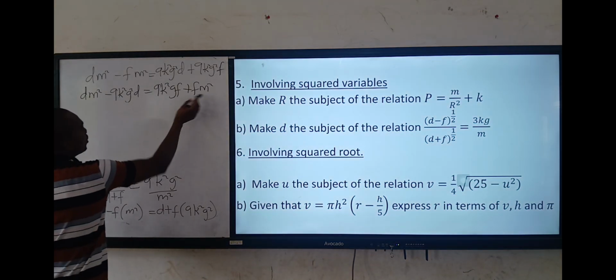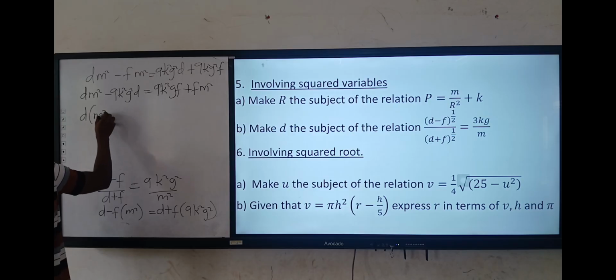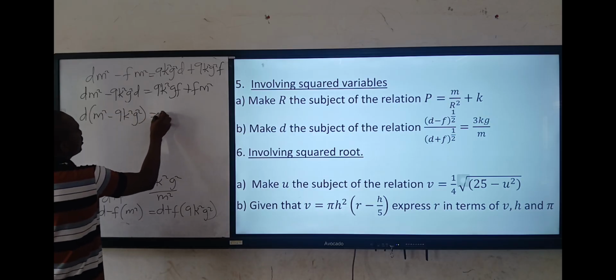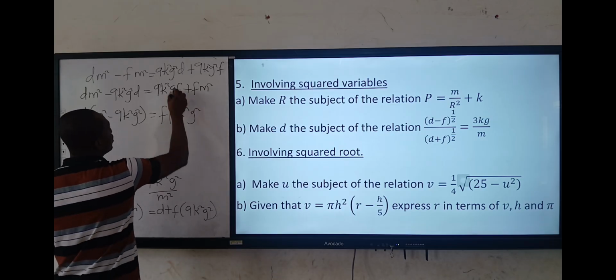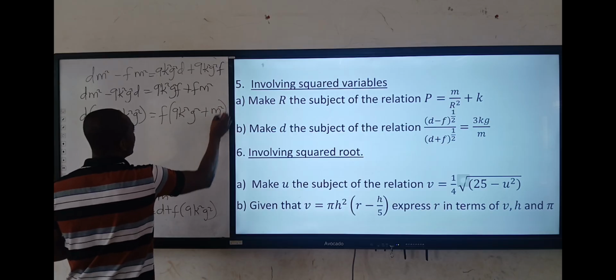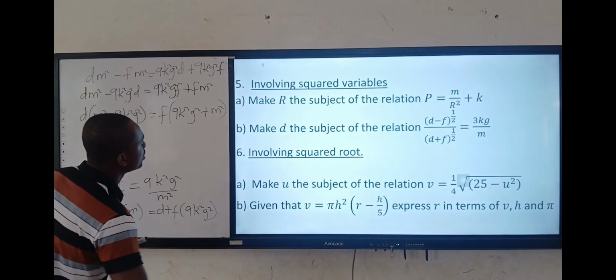Here f is common, so you can factor them out. So you factor d out, leaving m squared minus 9k squared d squared. And here you can factor the f out, leaving 9k squared d squared plus m squared here.